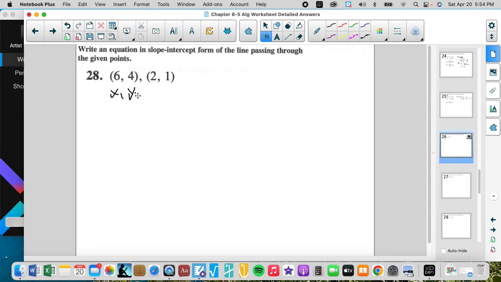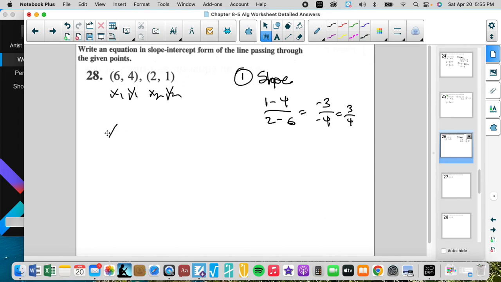X sub 1, y sub 1, x sub 2, y sub 2. Slope, I know I didn't write that in the last problem, but we kind of knew what we were doing. 1 minus 4, 2 minus 6. That's negative 3 over negative 4, which equals positive 3/4. We always have to simplify our fractions. Plus b.